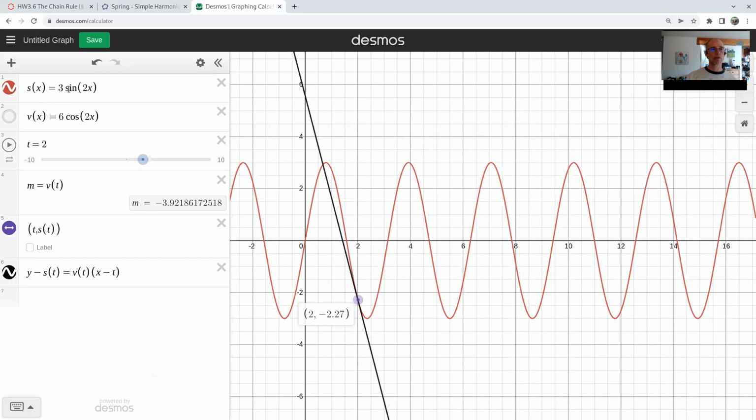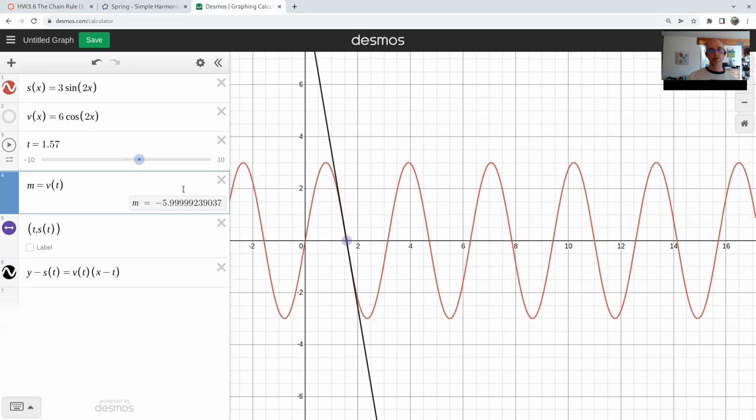The derivative of 3 sine of 2x is 6 cosine of 2x. If I plug in 2, I get a slope, a speed of about -4. Earlier, right at its equilibrium here, the speed was around -6. So here I have a speed of -6, then the speed is changing to about -4.